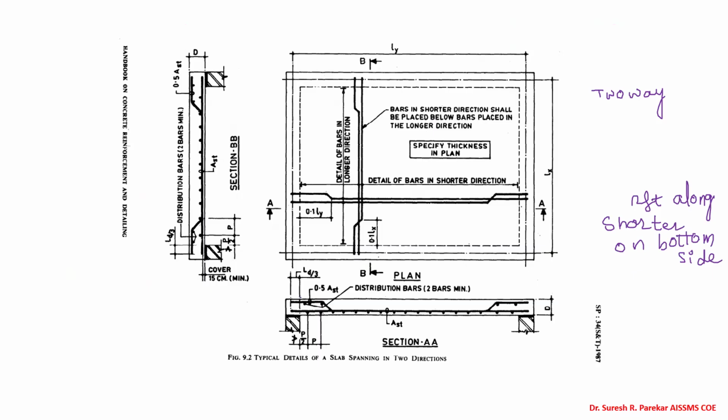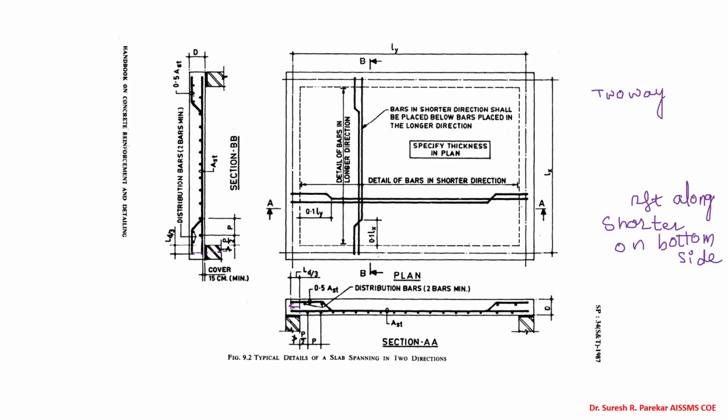And then how much distance we have to consider. You can see where we have to take this. So you have to take this, that is Ld by 3 inside. What is Ld? Development length. Now the formula we know. I will not go into detail with that one. So you can see here, this is from the center.